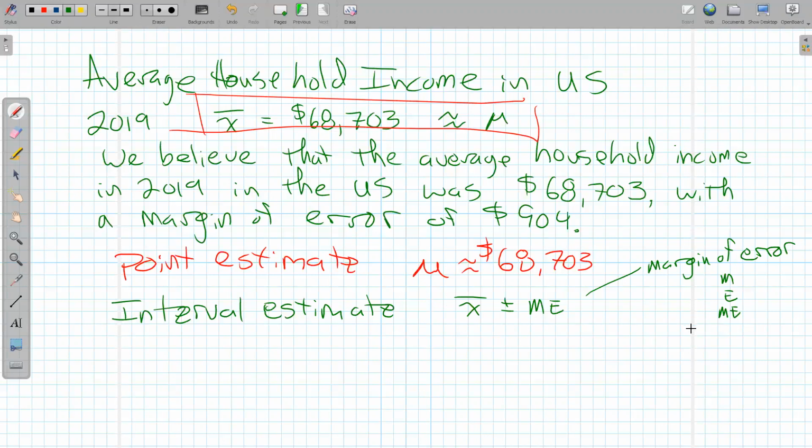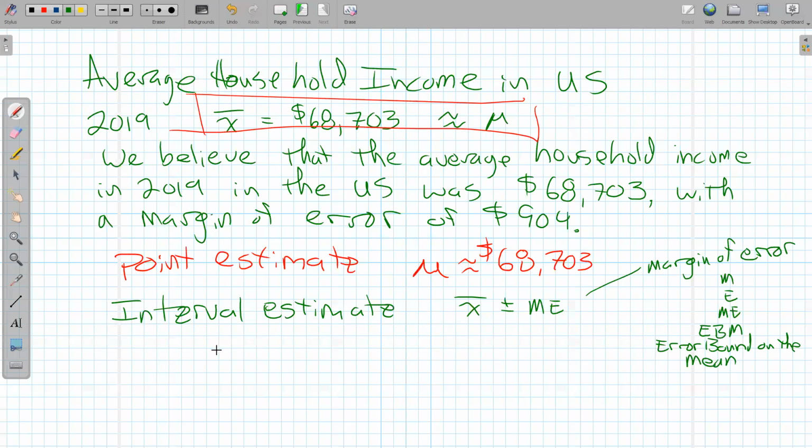This is a mean, so sometimes you might even see EBM, which stands for error bound on the mean. There's no standard notation for abbreviating the phrase margin of error. You'll see usually one of these four things: M for margin, E for error, ME for margin of error, which is what I usually use, but sometimes EBM, error bound mean, because this is a mean.